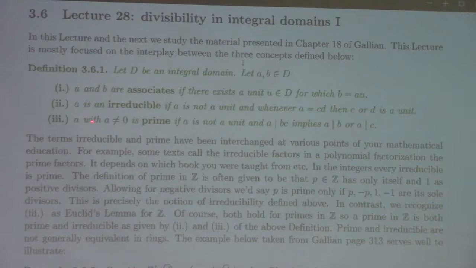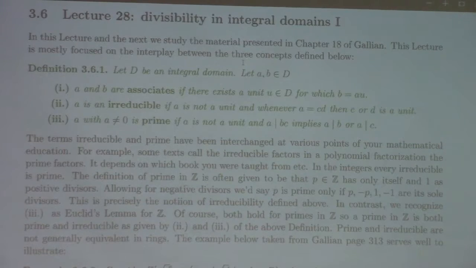A prime: a not equal to 0 is prime if a is not a unit, and if a divides bc implies a divides b or a divides c. Now, if you look at different algebra texts, some will teach students to find the prime factors of a polynomial. Others will teach you to find the irreducible factors of a polynomial. It's like, but wait, they're different.